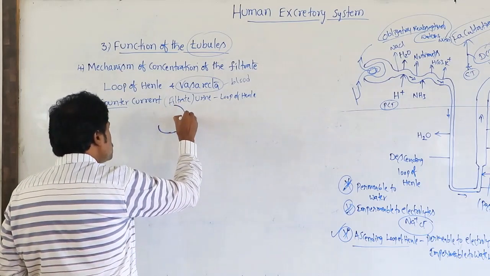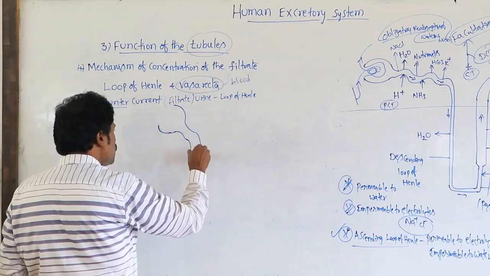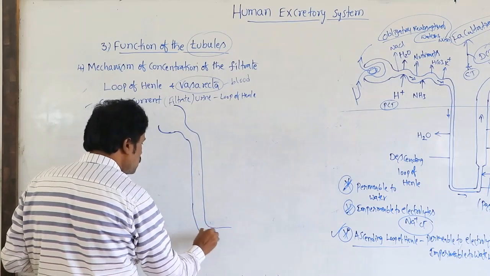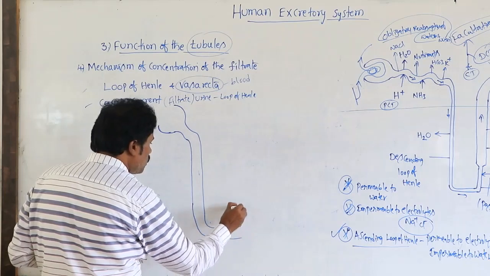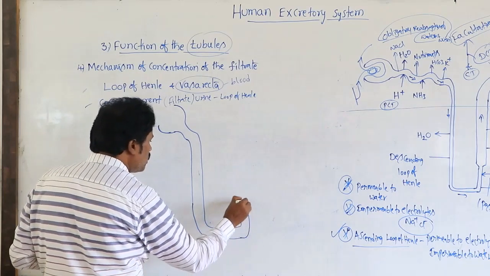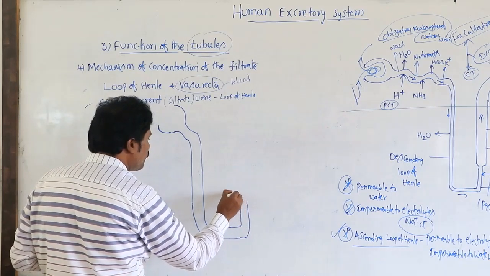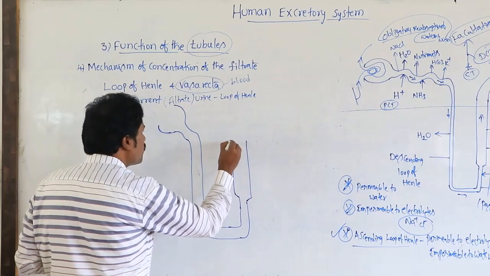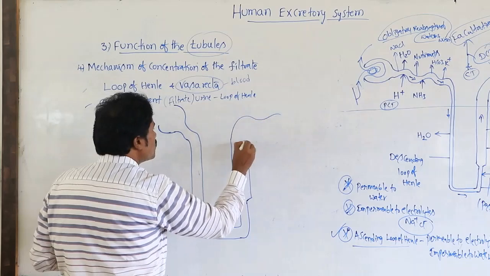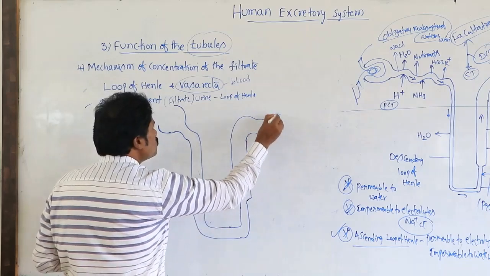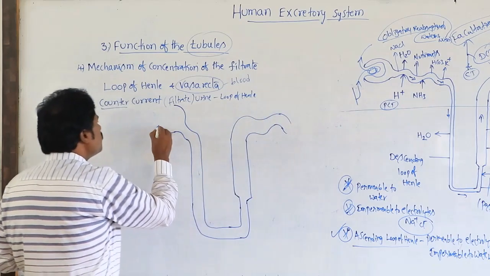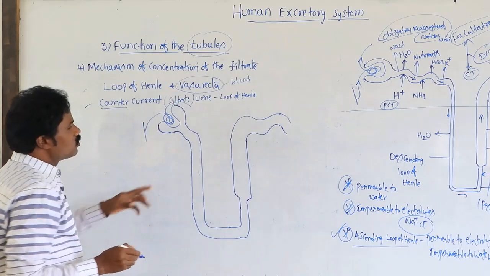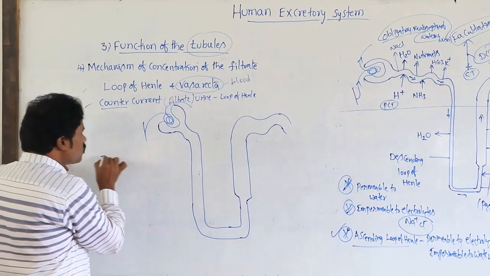This is the Bowman's capsule, this is the descending loop of Henle, this is the transverse, then the thin descending and ascending loop of Henle, then the thick ascending loop of Henle, then the proximal convoluted tubule. We need only the afferent, glomerulus, efferent and all. So we need only this particular part.